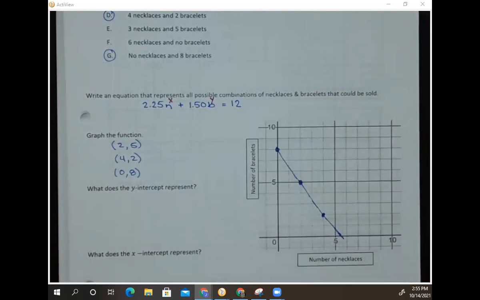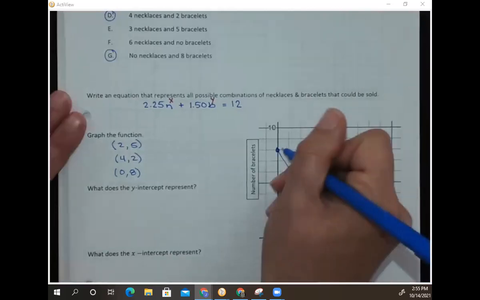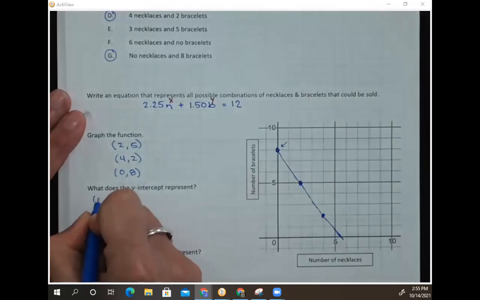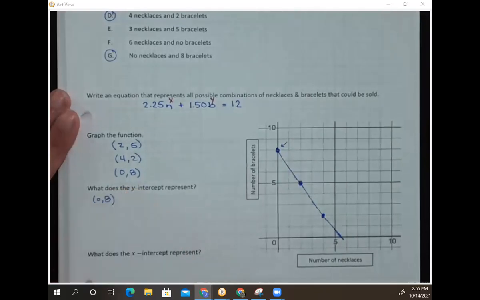Now, the y-intercept is one of the points that we use to create our graph, right? This guy right here, (0, 8). What does that point mean in terms of the context of our problem? What's that y-intercept going to mean? Go ahead. So when the y is at 8, that's how many bracelets you can sell for $12 without any necklaces. Perfect.